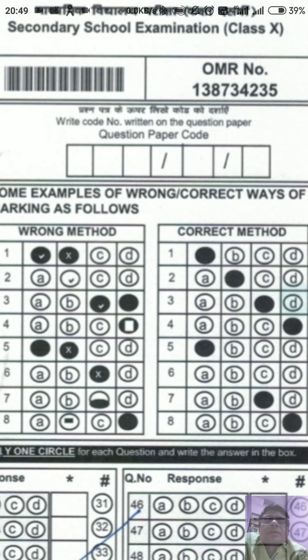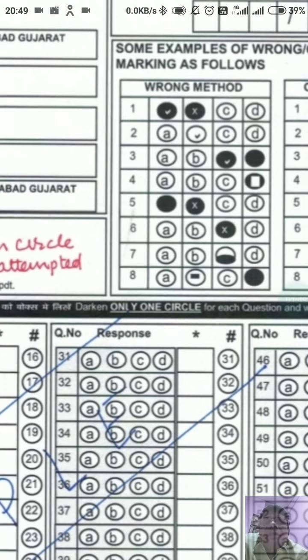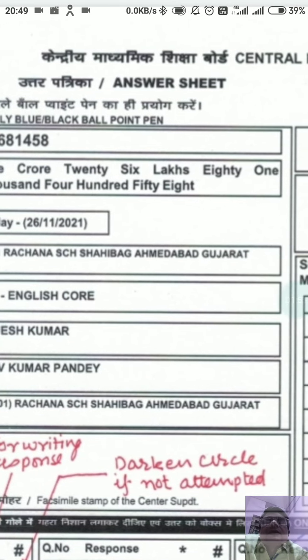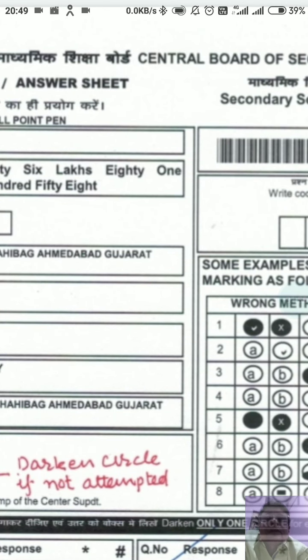For that, CBSE has circulated a sample answer sheet where you have to respond your answer. I am here to talk with you about how to respond your answers for term 1 examination of different subjects.